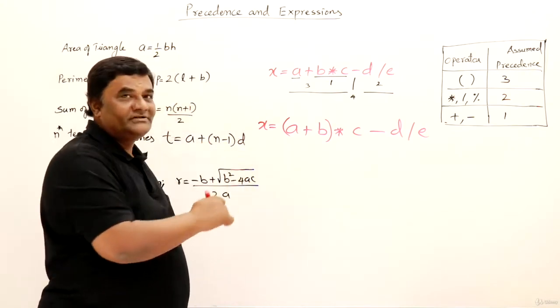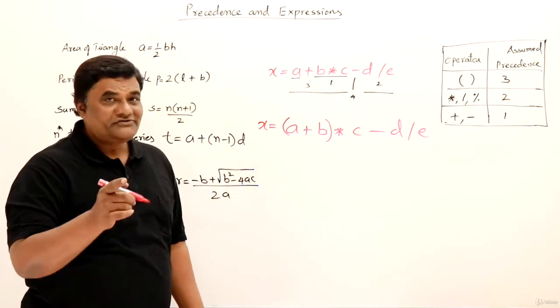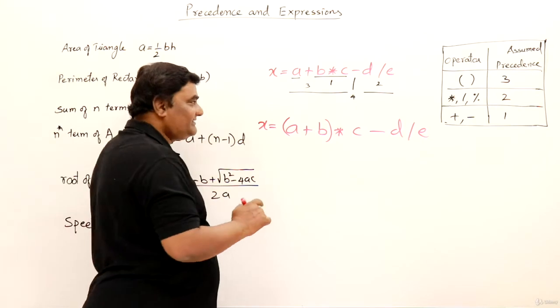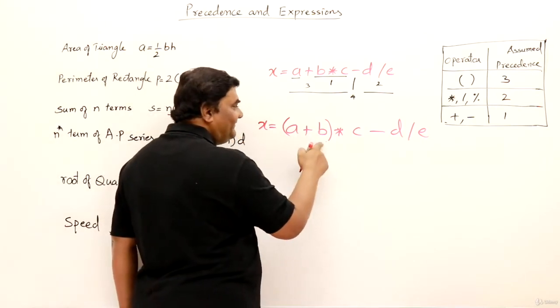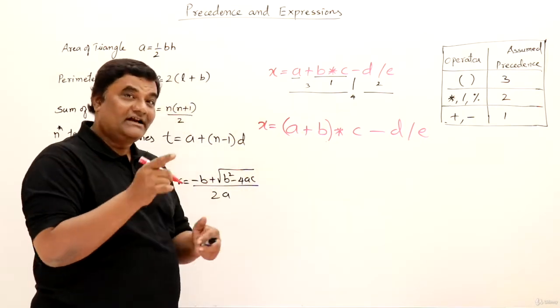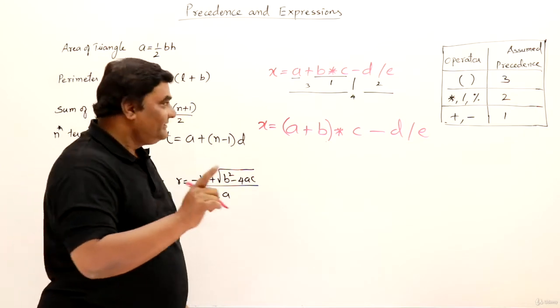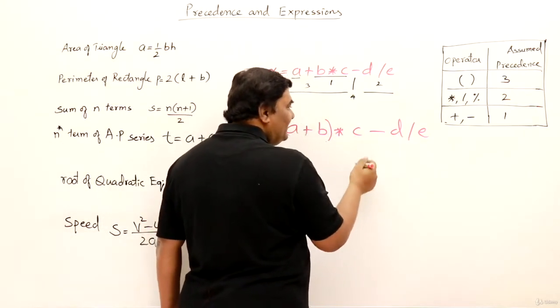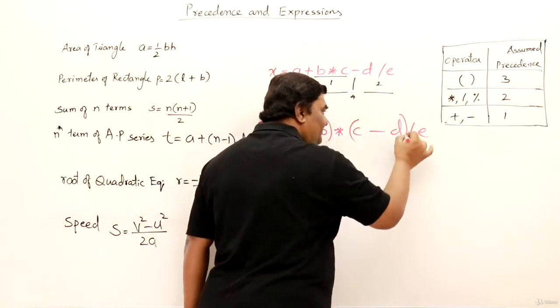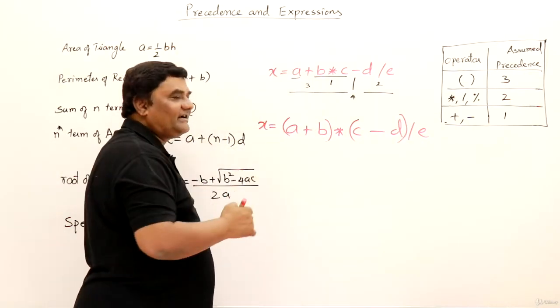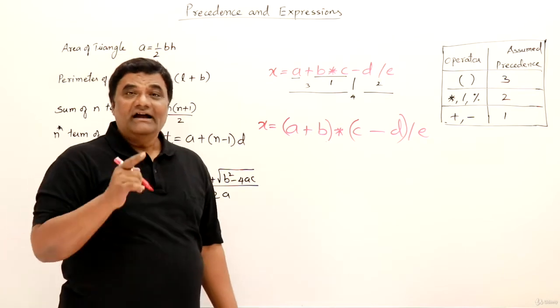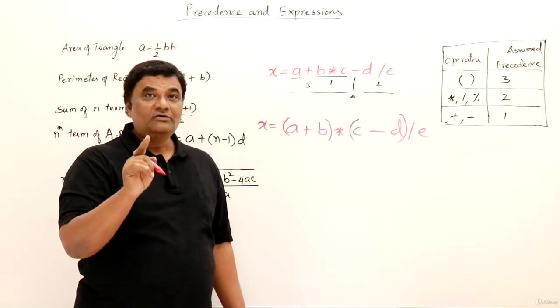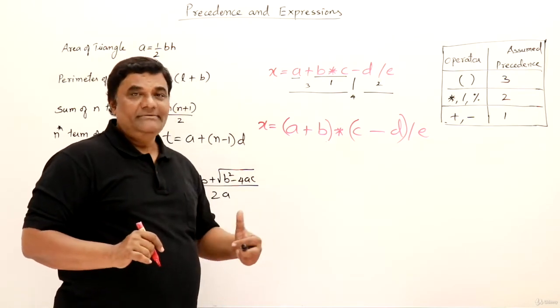That's how we use parentheses. Now you see, the bracket has the highest precedence in the expression, so whatever is there in the bracket will get executed first. Similarly, I don't want D to be divided by E. I want C minus D to be divided by E. Then put it in the bracket. Now it will be perfect. As per the result you want, you have to put them in brackets.